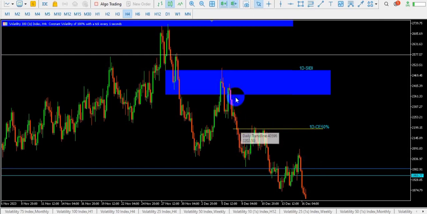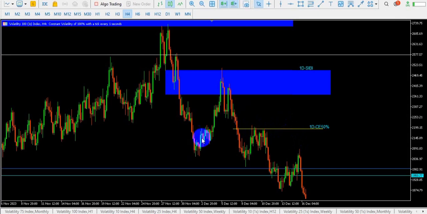When you see that the higher time frame key level is being respected on the 4 hours, and the 4 hour key level is respecting because it wants to follow the order flow of the higher time frame, then you can cycle down to your lower time frame like the 1 hour, 30 minutes, 15 minutes and 5 minutes to take your entries only at the respected key levels.